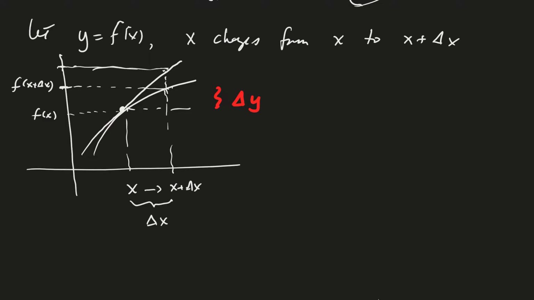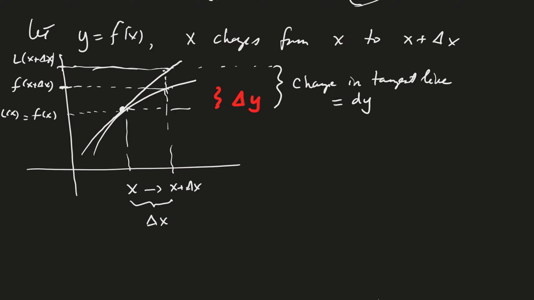This is the top of the line, that's L of x plus delta x. And f of x is equal to L of x, right? And so this bigger quantity from here to here is the change in the tangent line. And as we're going to see, this is actually equal to dy.